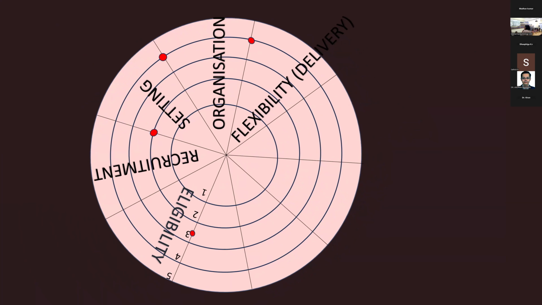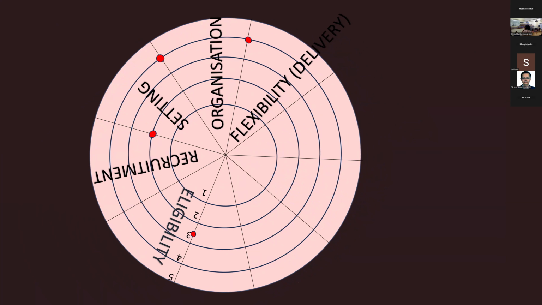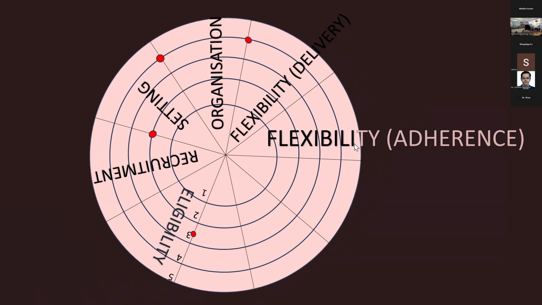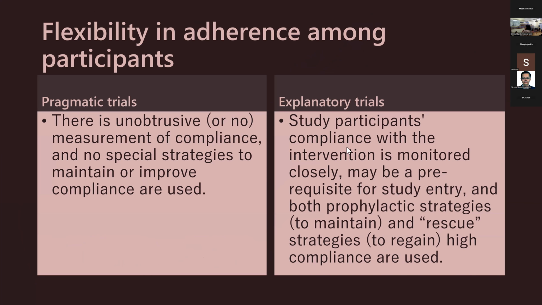Next, we'll move on to flexibility in adherence to the intervention as well as the comparator. In an explanatory trial, the participants are ensured to be strictly complying with the strategies. If they are totally compliant, they are included, and sometimes they are excluded.